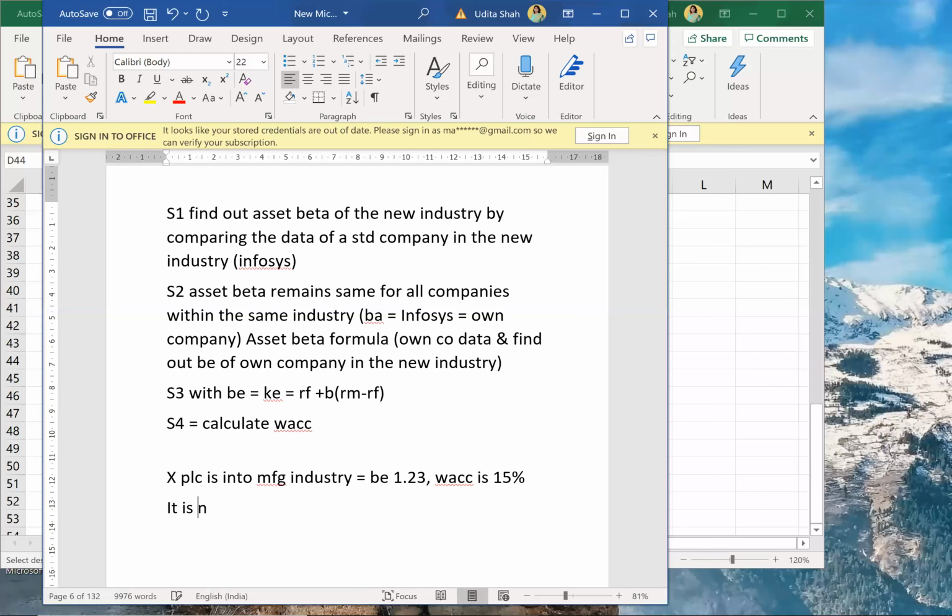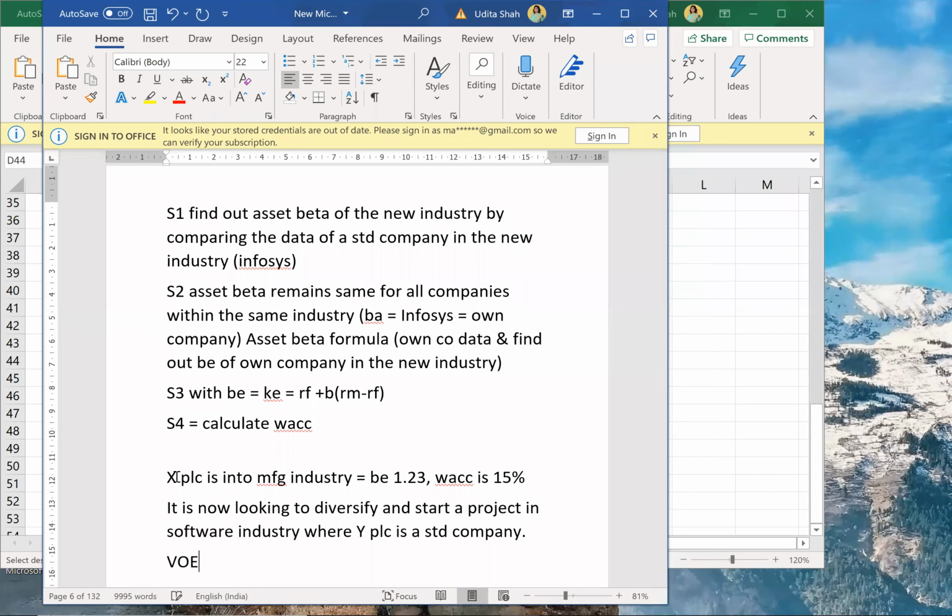It is now looking to diversify and start a project in the software industry, where YPLC is a standard company.